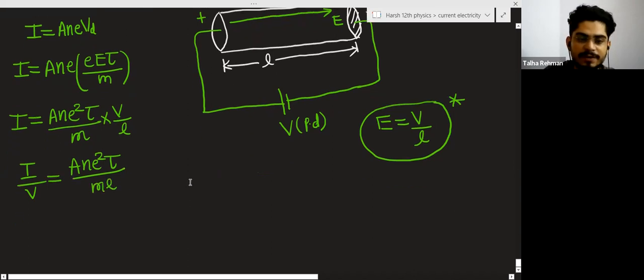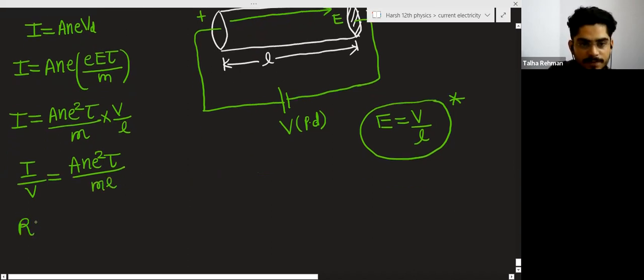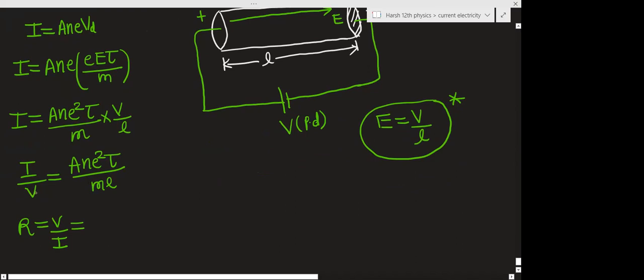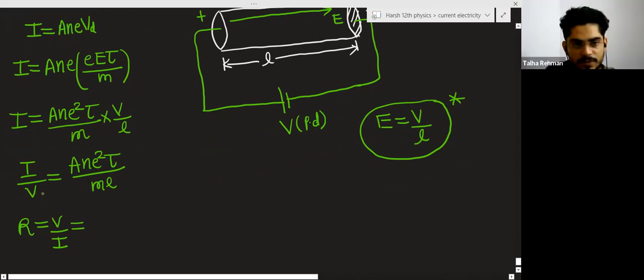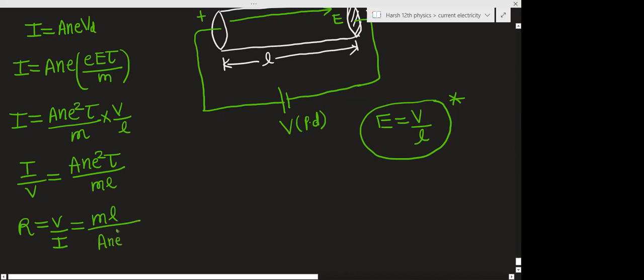But we know that resistance is equal to V upon I, potential difference divided by current. So reverse this. This is I upon V. When you will write V upon I, then you will write M L first, after that you will write A N E square tau.